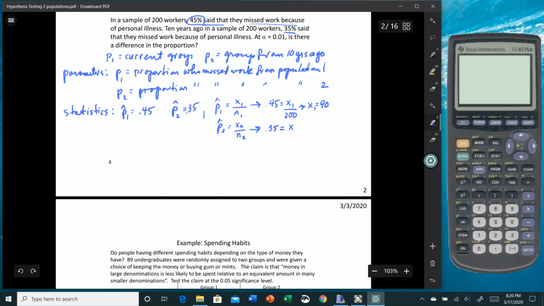So that's going to be the number who missed work from 10 years ago over the sample size, which was also 200. So if you just solve for X2, it looks like X2 here is 70. So that's the number of people in the older sample that said they missed work due to personal illness. Okay, so what's the null and alternative hypothesis here?